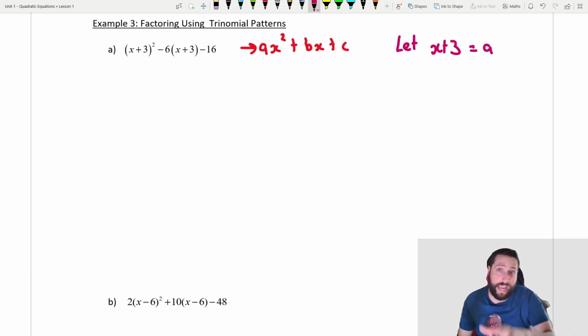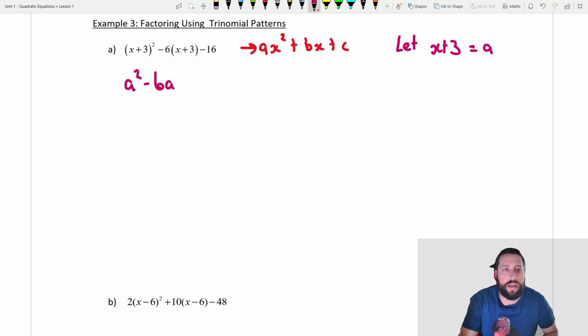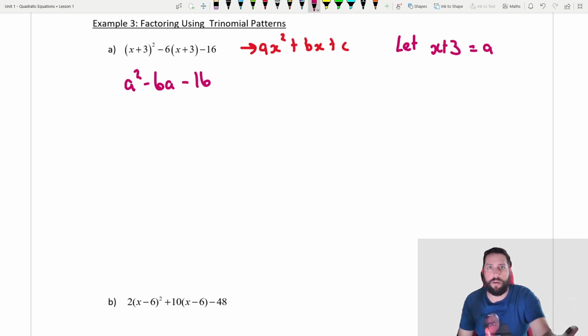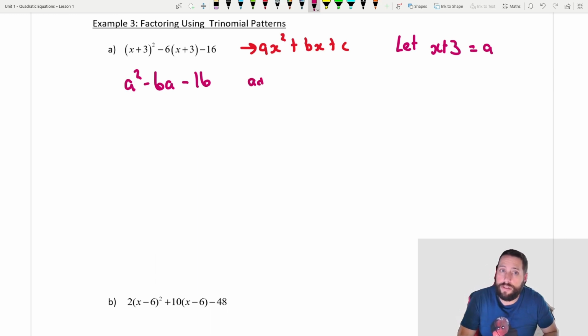Okay, so if we change the x plus 3 so that it's equal to a, we can now rewrite it so that it's a squared minus 6 times a minus 16. Well, that's something that looks the same, doesn't it? Looks very similar. Because now we can factor this a squared minus 6a minus 16. So again, same thing. It's going to add to be negative 6 and multiply to be negative 16.